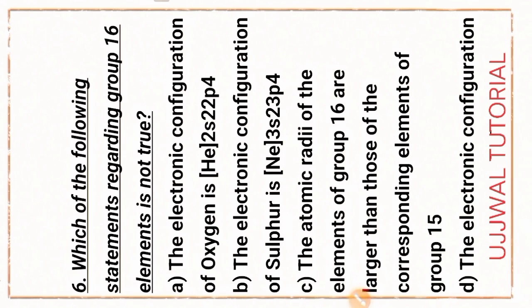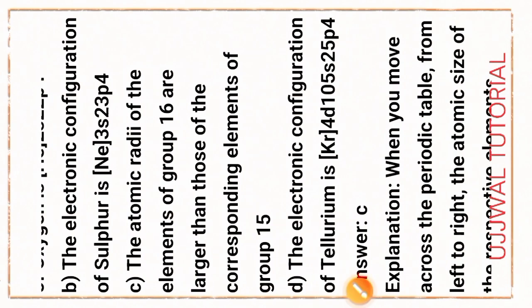Next question number 6. Which of the following statements regarding group 16 elements is not true? This statement, that is C, is the appropriate answer for this question. That is, atomic radii of the elements of group 16 are larger than those of the corresponding elements of group 15.